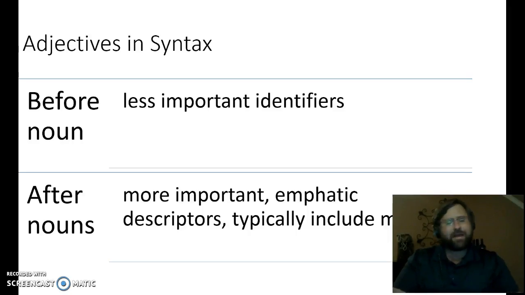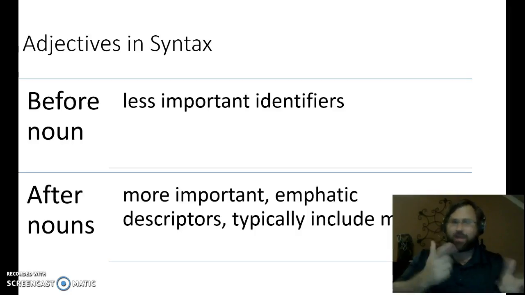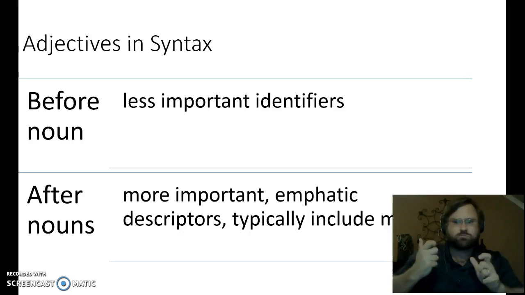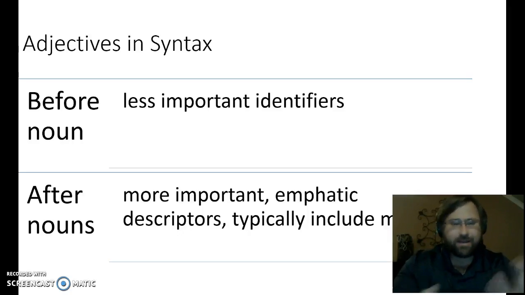But whenever they're emphasized, and oftentimes when you're using some of these modifications, they are emphasized, then they tend to come after the noun. So if you say you want a car that's very fast, then you would probably sign car and then fast with the adjective afterward. So be ready to expect adjectives both before and after nouns, as they do occur in both places.